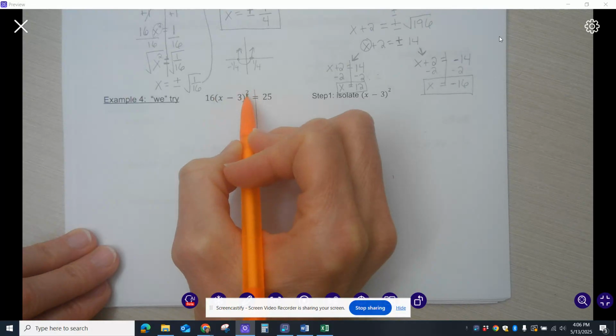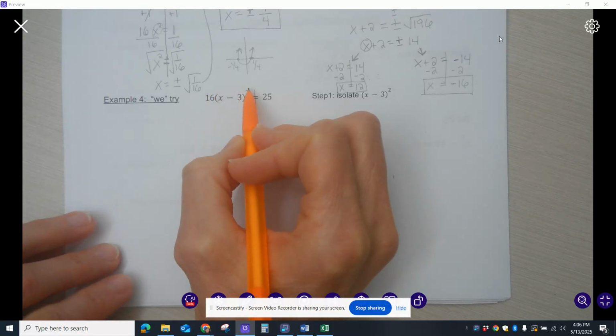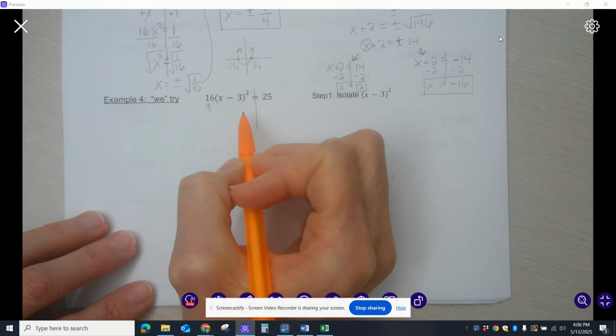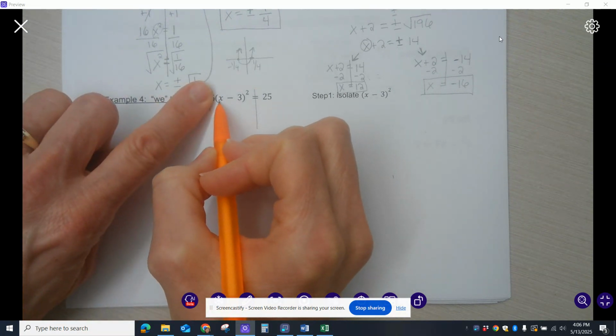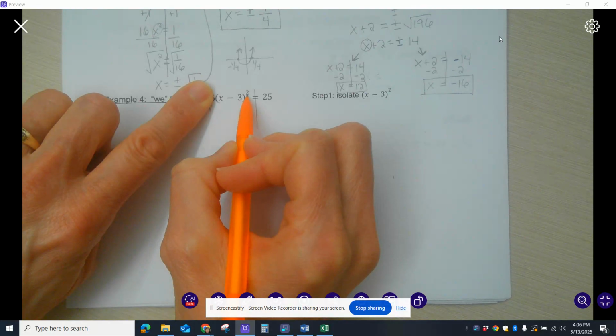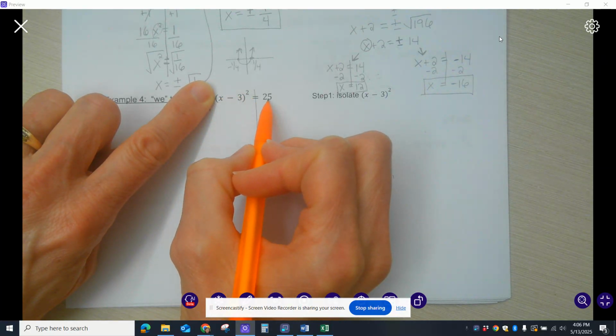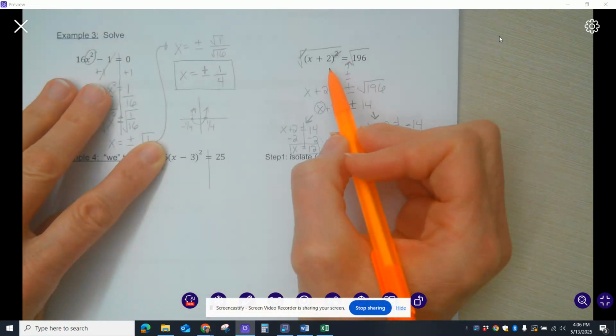I know to get rid of that power of 2, I'm going to use a square root, but I can't do that until I get rid of that 16. This x minus 3 squared needs to be all by itself on one side of the equal sign before I square root it.